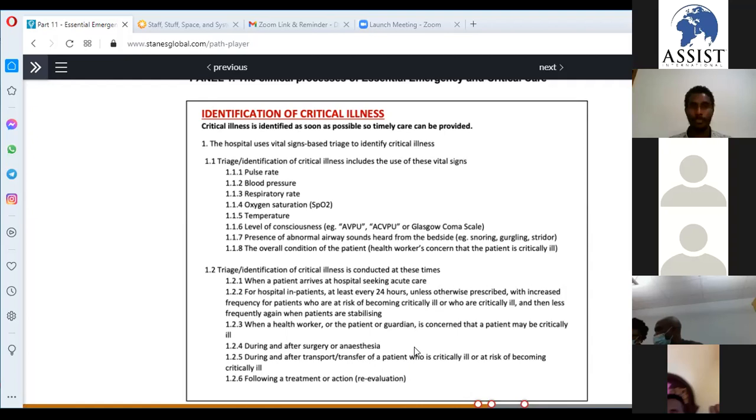For example, in ICU, you might need to monitor frequently, even every 30 minutes or every 1 hour, depending on the patient's condition. So it's to remind you that you need to have a certain protocol: which vital signs and which clinical conditions to monitor, as well as how frequently the patient should be monitored.